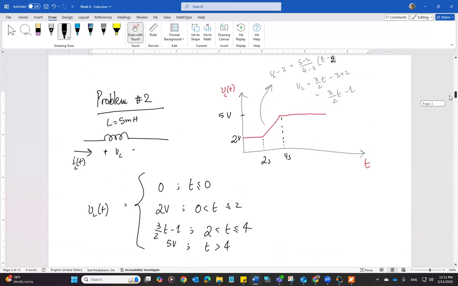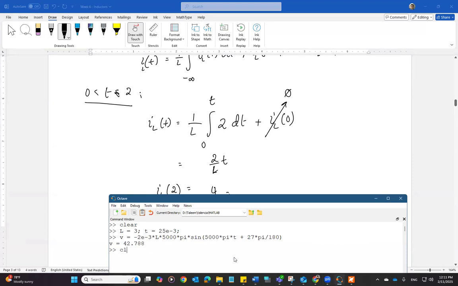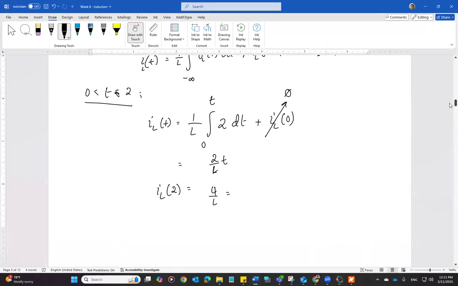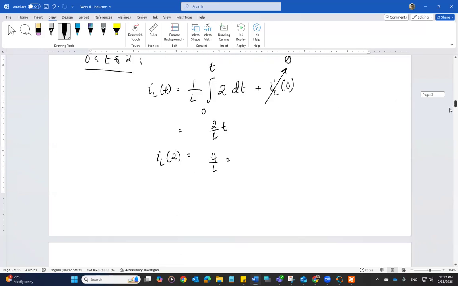The value of L is 5 millihenry. And that's going to make the current to be like kiloamperes. So let's go ahead and just take it to 5 Henry instead of 5 millihenry, so the current values don't go out of the roof. 5 Henry. So 4 over 5, basically.